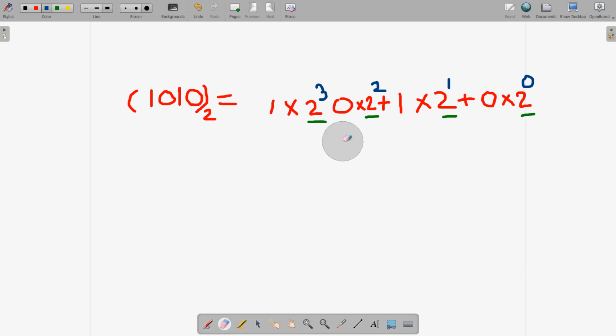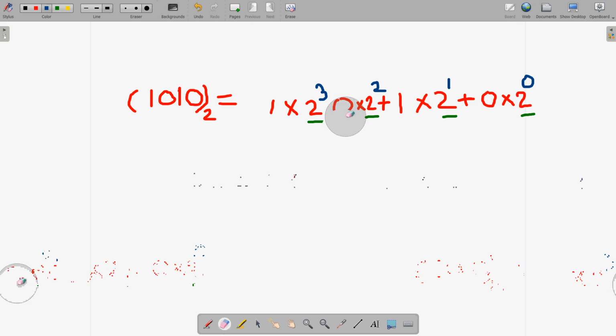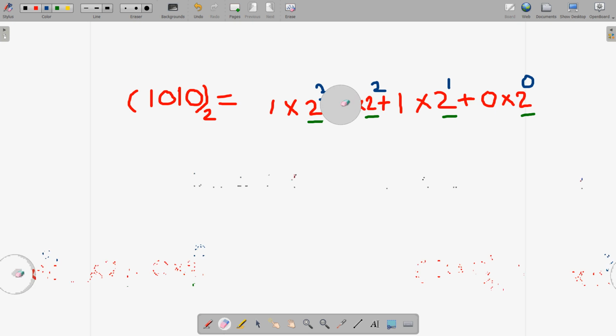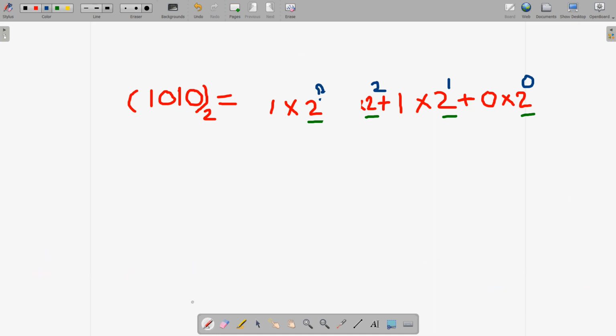Okay, there is a mistake here. Here it should be written plus. Okay, plus was missing in between the 0. Let me write it once. So here it was 1 into 2 raised to the power 3.